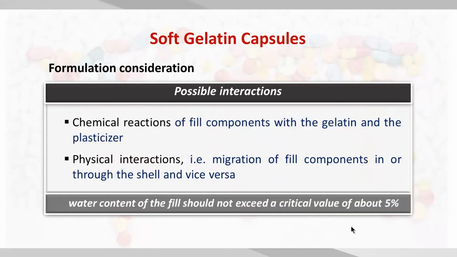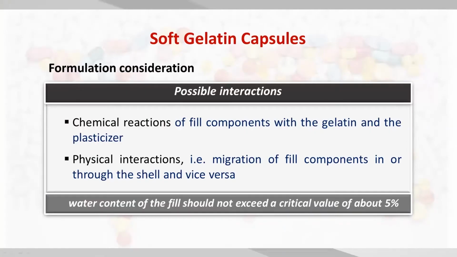A few other formulation considerations are possible interactions. There are two types of possible interactions. The first one is chemical reaction of fill component with the gelatin and/or the plasticizer, and the second type is physical interactions, for example, migration of the fill component in or through the shell and vice versa.